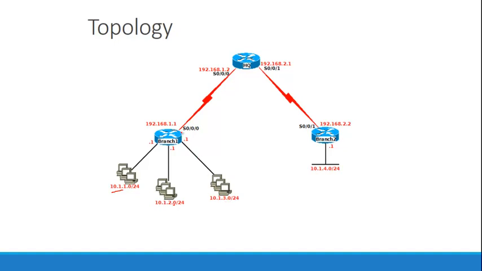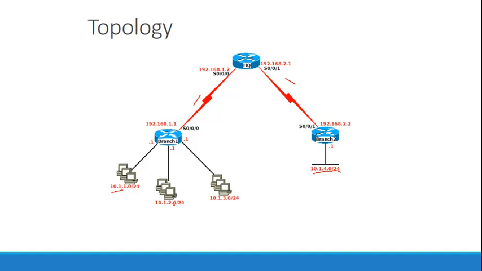And then I have serial links between branch 1 and HQ and branch 2. This one's in the 192.168.1 network, this one's in the 192.168.2 network, and then I have another loopback off of branch 2 that's in the 10.1.4.0 network. So let's go ahead and do the classic configuration. It should be pretty easy.